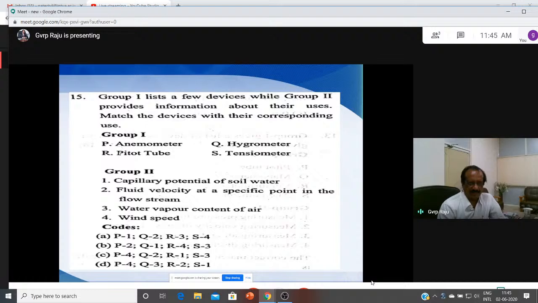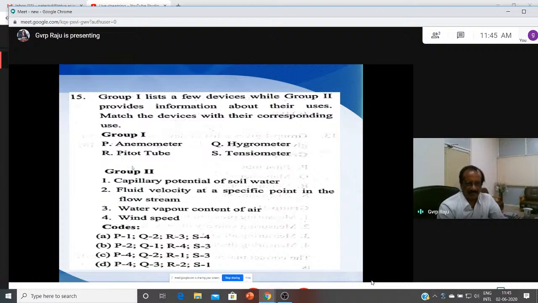So that means Pitot tube is R and this 2 is correct. R versus 2. If you see here R, we have only one answer, that is 2 here. Instead of wasting time on other aspects, because you are confident that the Pitot tube is for finding out fluid velocity at a specific point in the flow stream, you can straight away go for this answer D.